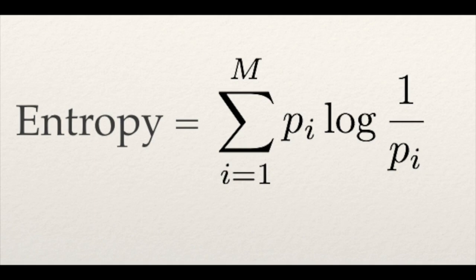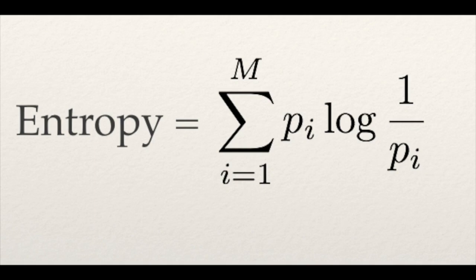And now we arrive at an expected number of bits we need to use to describe or fully specify the entire stochastic or random situation.